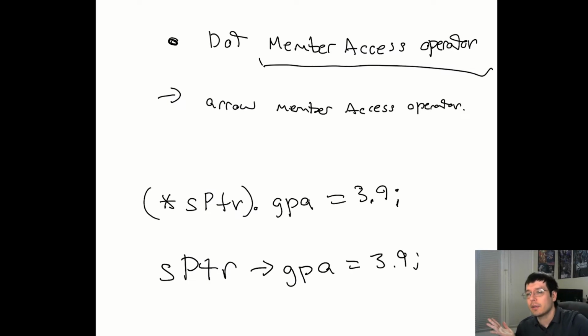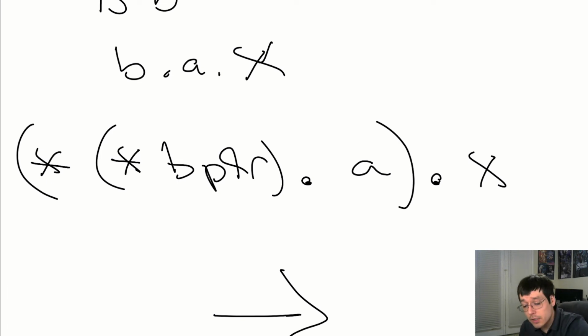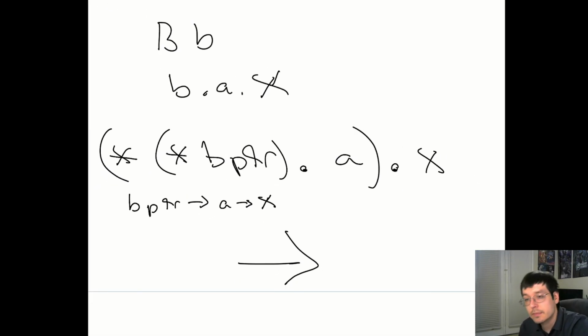Look how clean that looks. No parentheses, not even asterisks, just one awesome arrow. Going further to the example up here with the headache, this one, if you're using the arrow operator, would look something like this. Also very clean and simple.